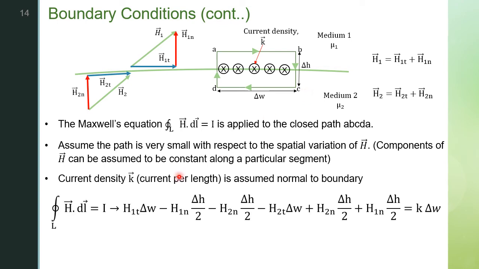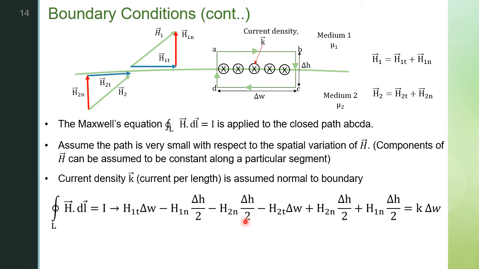Now, when you apply the Ampere circuit law along the sides of the path A, B, C, D, A, we'll start from A and move till B. It is in medium 1 and parallel to the boundary, so it is H1t into delta W. When you move from B to C, half is in medium 1 and half is in medium 2, so it is minus H1n into delta H by 2 minus H2n into delta H by 2. Since it is in the normal direction, we are taking the normal component and half the height.